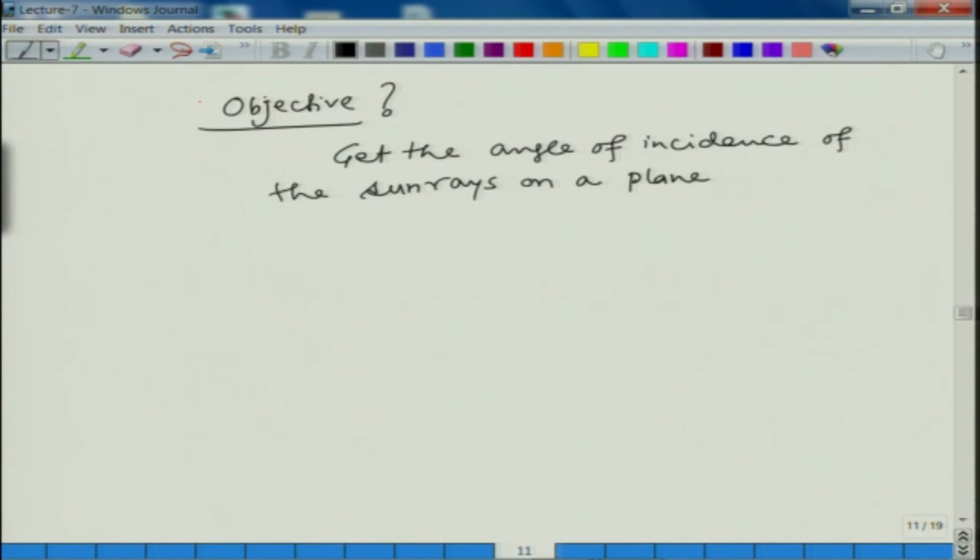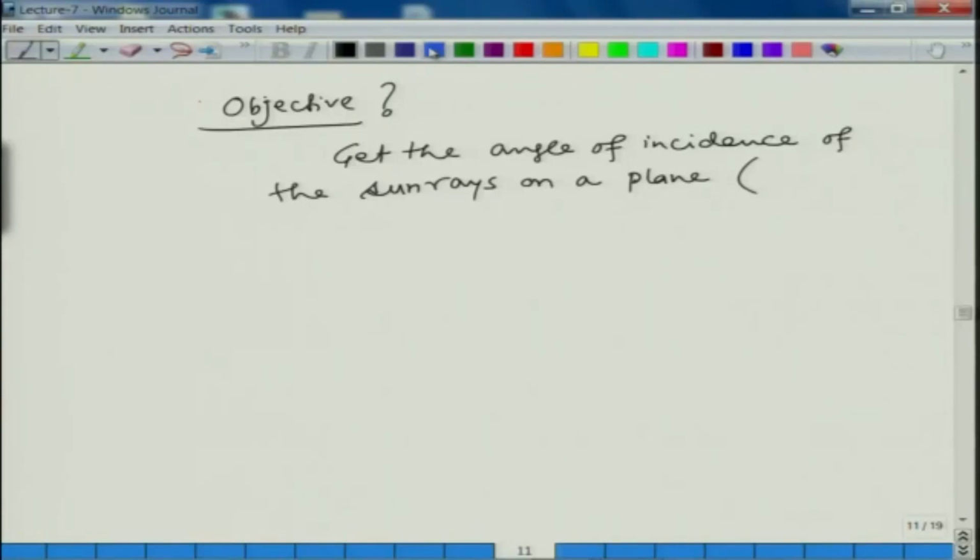Whenever you have a photovoltaic panel, it critically depends on the angle of incidence at any point of time by which the solar radiation is hitting that surface. So, that angle of incidence, if we designate it with theta I, I stands for incidence, is a critical angle and we need to know it exactly.